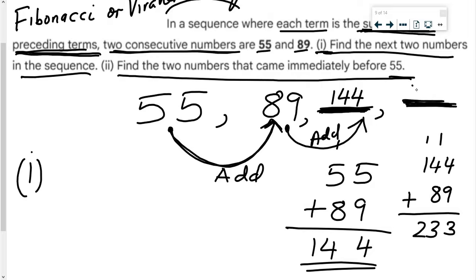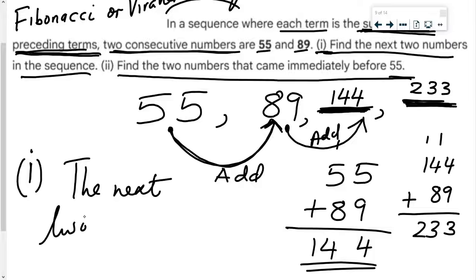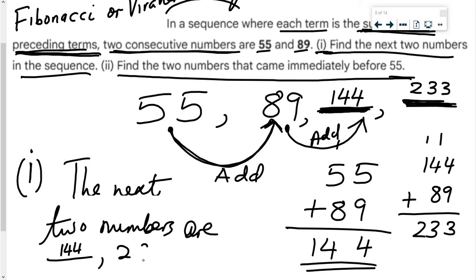So the next number here is 233. So the next two numbers in the sequence are, Roman 1: the first one, 144, second one, 233. You are done.